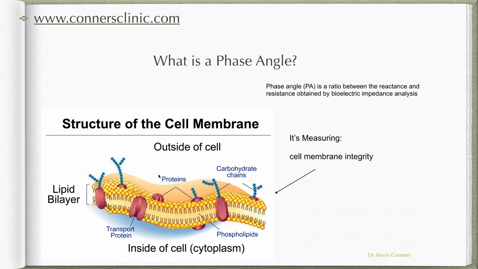Your cell membrane, if you remember from biology class, is a phospholipid bilayer. So it's two layers of this phospholipid, a long lipid chain with a phosphorus group, and that phospholipid bilayer has a hydrophilic and a hydrophobic side. I'm not going to get into cell biology too deeply, but that cell membrane is really the health of the cell. Some people actually call it the brain of the cell.